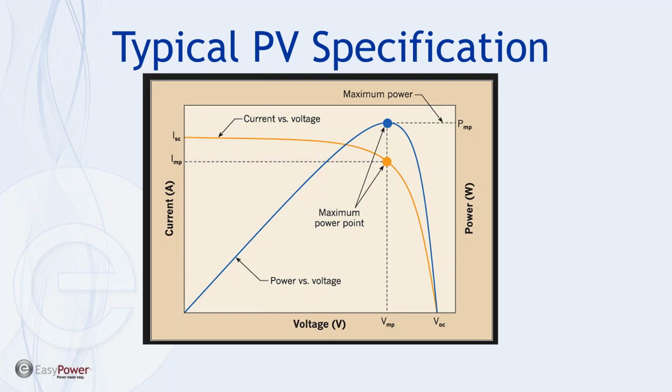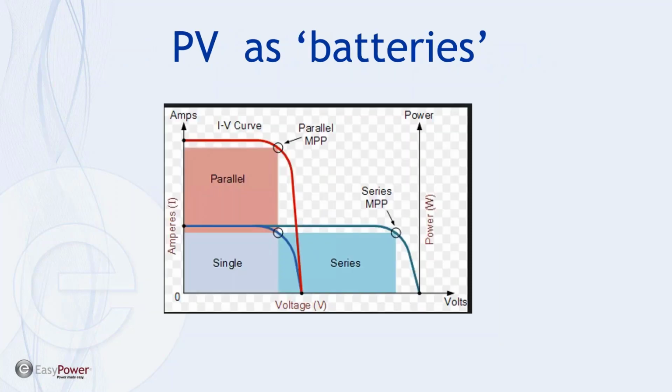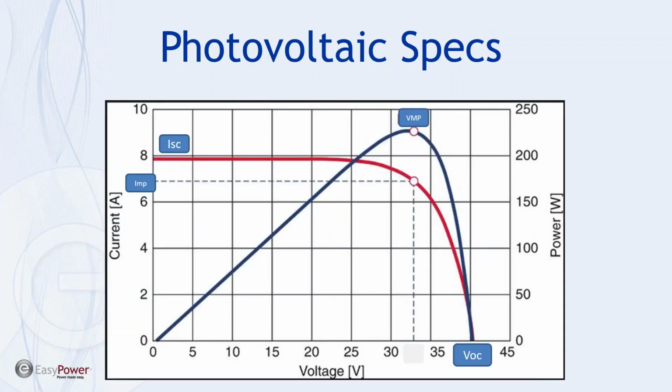And then based upon what you're trying to accomplish, you can put those elements in parallel to get additional current, or you can put them in series to get additional voltage. And so as you do that, then those data points for the module itself or for the array will be the elements that you enter in EasyPower.